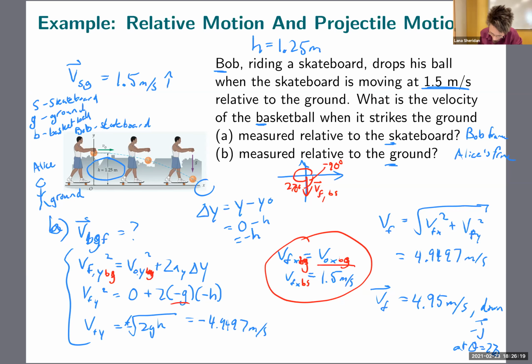So now when I square it and add it to roughly 4.95 squared, and take the square root, I'm going to get something bigger. Let me do that right now. I'm squaring 1.5 and squaring 4.9497, adding them together and taking the square root.